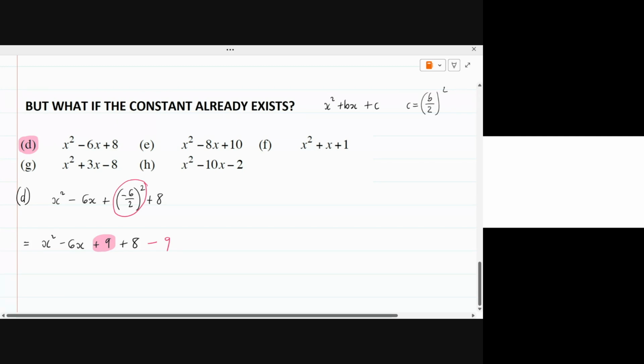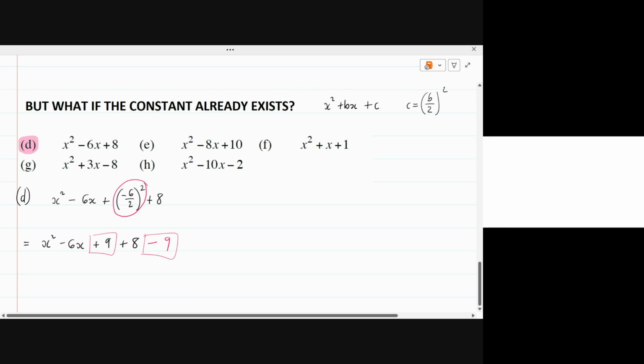There's that mathematical manipulation we were talking about. If I add 9 and I minus 9, what have I actually added? I've added 0. Are we in agreement? We're all good here?